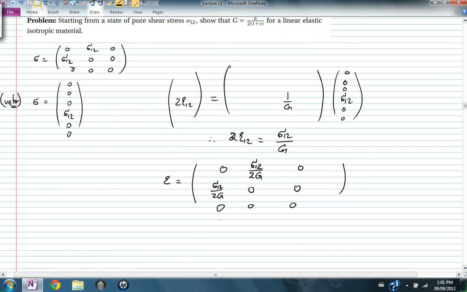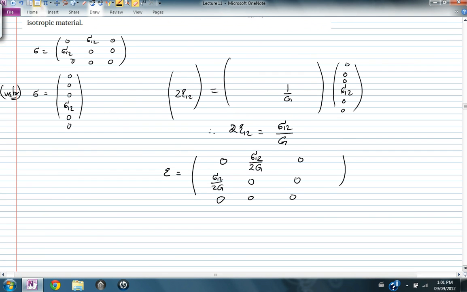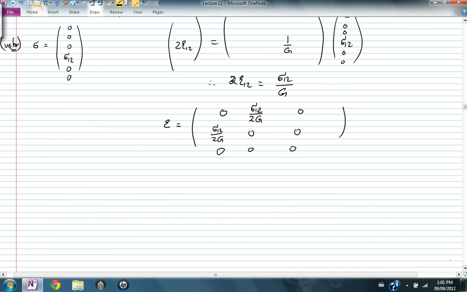Alright, now I'm going to use this relationship, but now in a different coordinate system. I'm going to use a different coordinate system that's oriented 45 degrees with the current coordinate system. So in the current coordinate system, I have shear, and I have E1, E2, and E3.